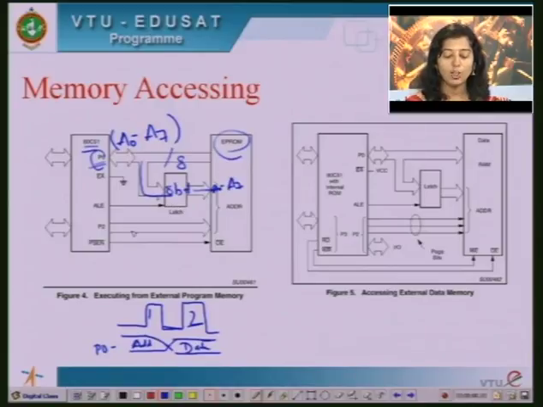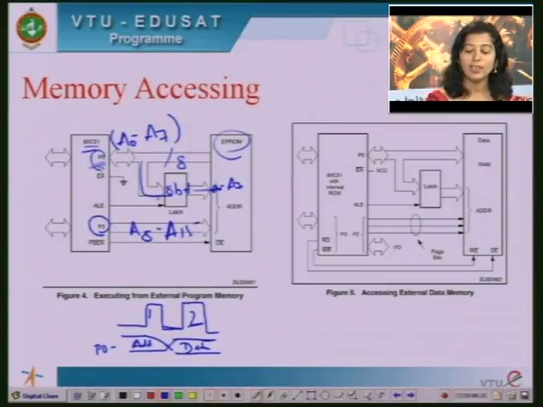The higher byte of the address A8 to A15 is available from port 2. So from port 0 I have A0 to A7, and from port 2 I have A8 to A15. So totally the combined 16-bit address is available to address any location in the ROM.